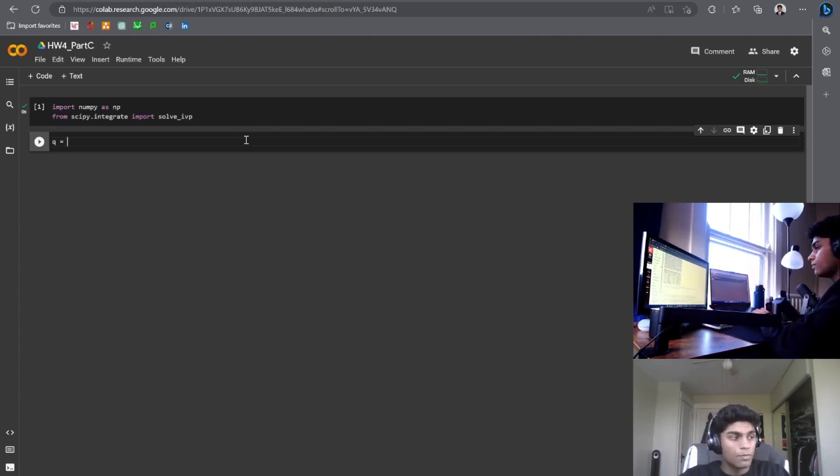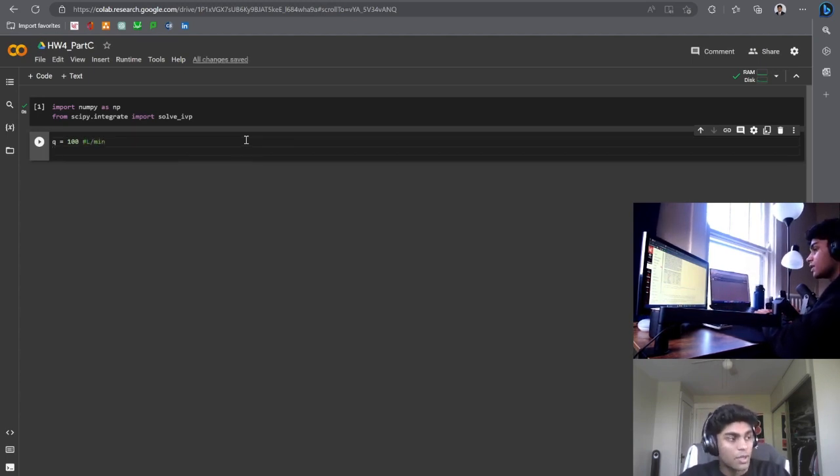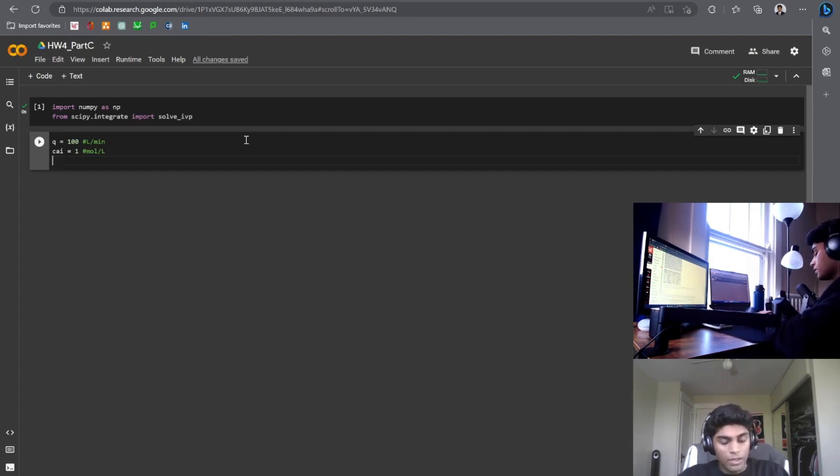So for Q, the value for that was 100 liters per minute. I'm going to write down all the units on the side to make sure that we do the proper conversions where necessary. CAI is going to be equal to 1 mole per liter. The initial temperature, TI, is going to be equal to 350 Kelvin.